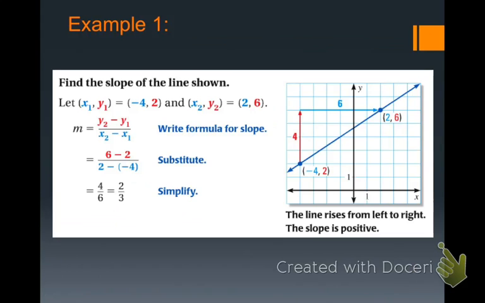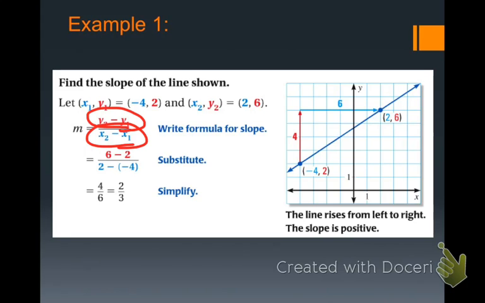So it actually doesn't matter which one you pick as the first point and which you pick as the second. So in this case, we'll go ahead and pick x1, comma y1 as -4, 2, and x2, comma y2 as 2, 6. So then, remembering our slope formula, m equals y2 minus y1 over x2 minus x1, or in other words, change in y over change in x.